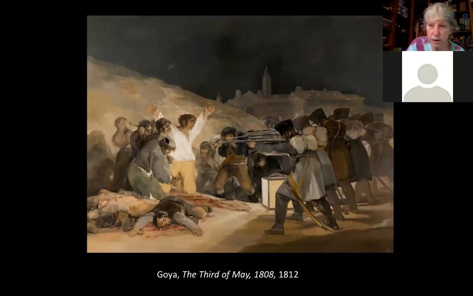This man, art historians have pointed out, looks kind of like Jesus. And these guys look like machines. You can't see their faces. They're just acting as a sort of tool of a repressive state. Whereas these people look fully human. They're emotional. They're confronting this terrible crime as vulnerable humans.